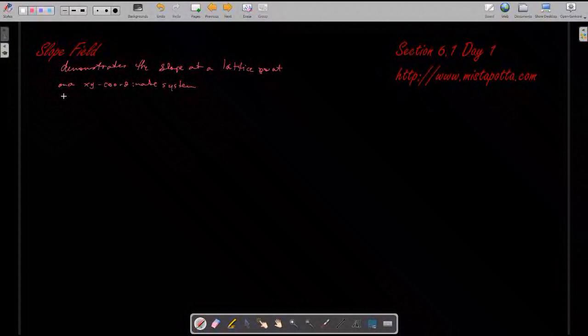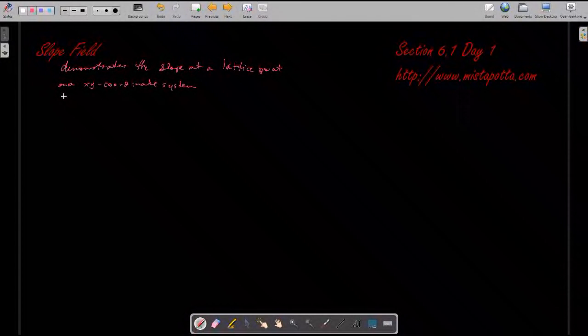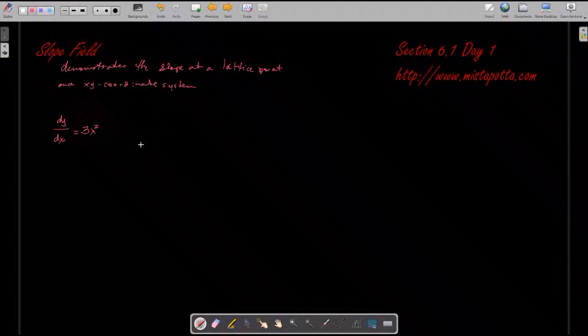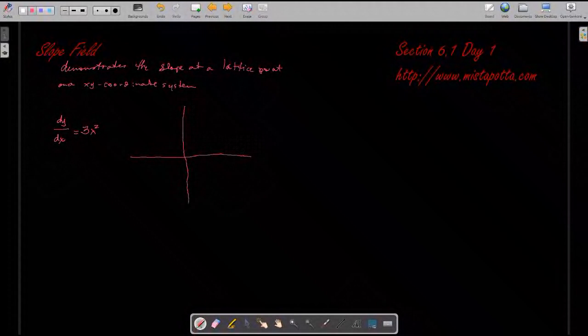So what's going to happen in these situations is, given some differential equation, like the one that we talked about just a few minutes ago, dy/dx equals 3x squared, I can draw a coordinate axis, and I can demonstrate the slope at each of these lattice points by drawing a line segment that has that slope.